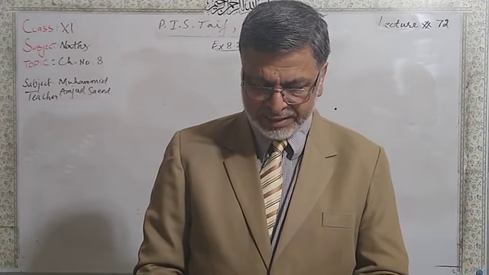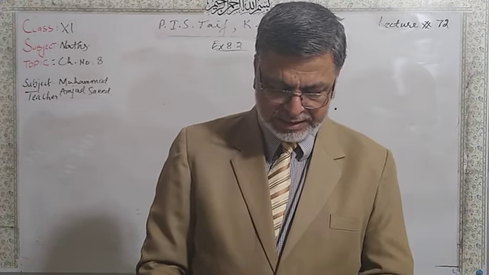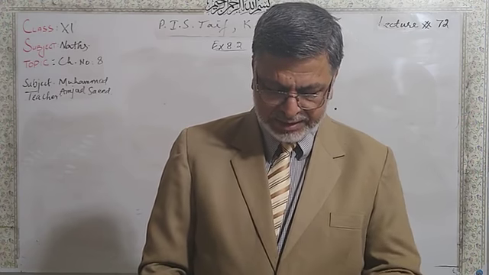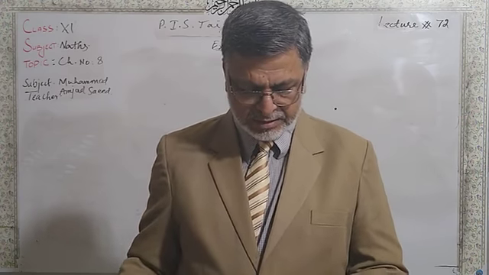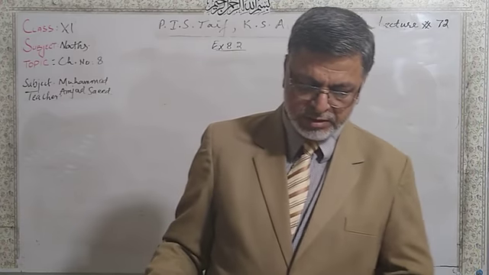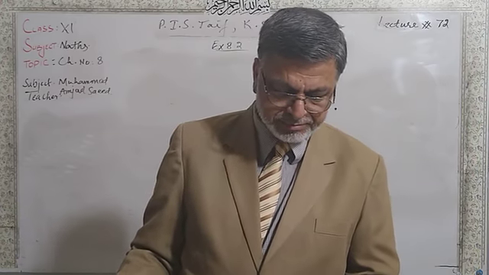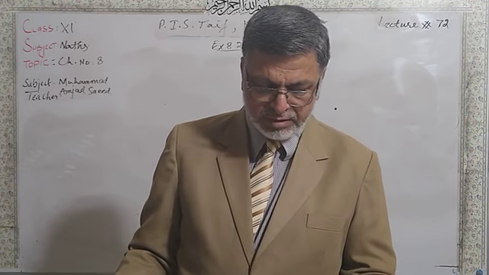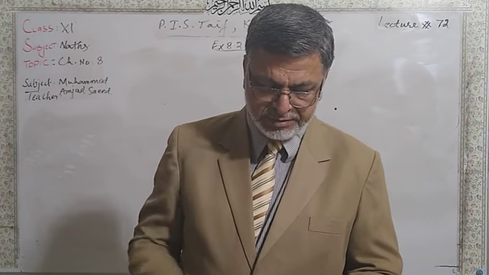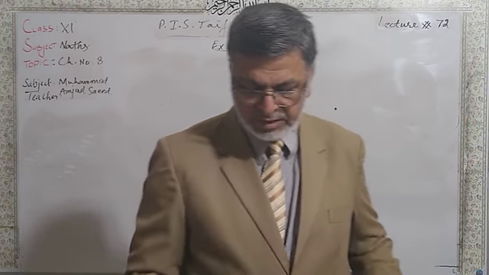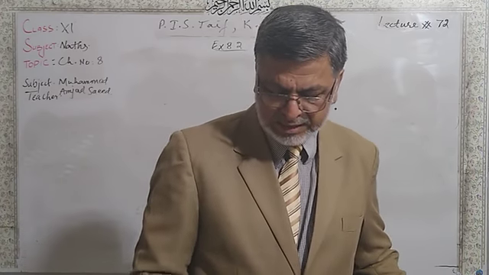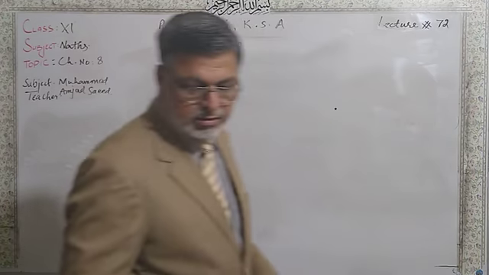Expand the following in ascending powers of x, then expand the following in descending powers of x. So I am going to choose question number 4, part number 2. 1 minus x plus x square whole power 4.